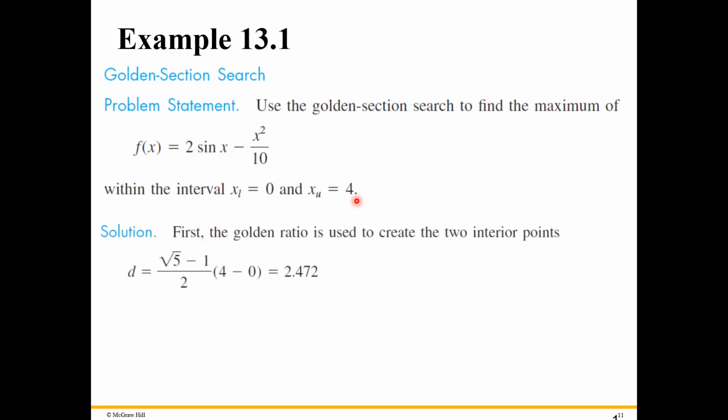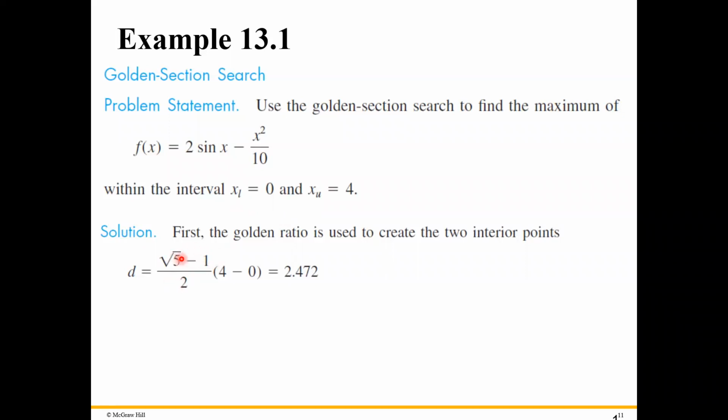As a first step, we will find the value of d, that is the distance of the points x2 and x1 from xu and xl respectively. You can always find d by multiplying the interval, xu minus xl, with the golden ratio.